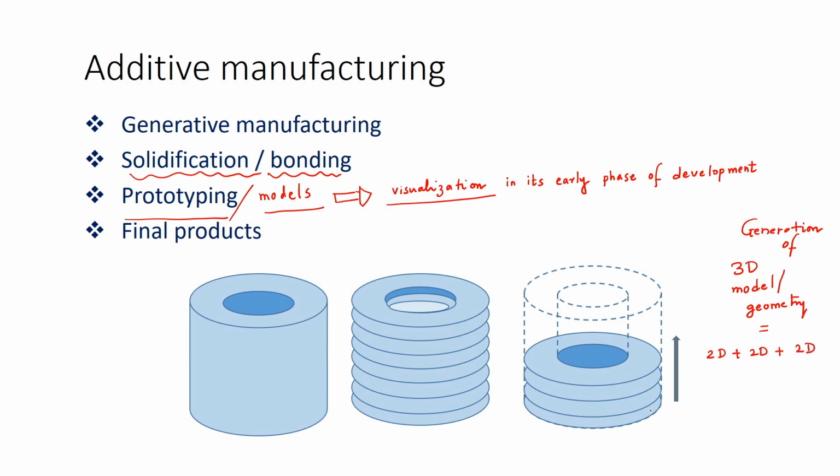Here you can see all of these are two-dimensional. So, in generative manufacturing, a 3D model is built by slicing its geometry into a finite number of layers, and those layers are bonded together using a variety of methods.